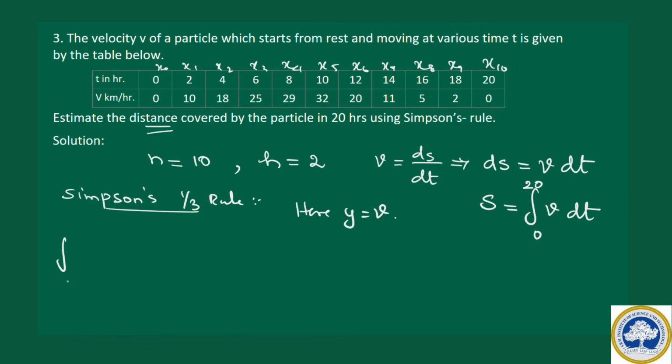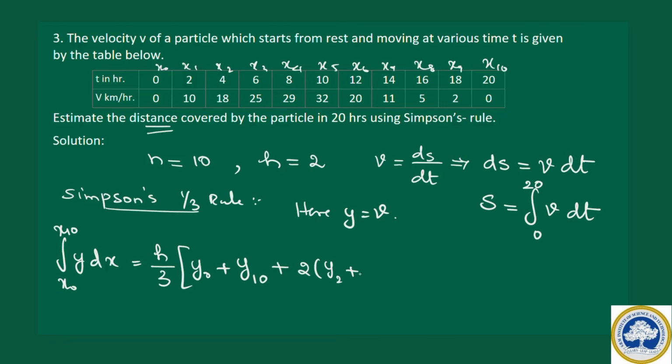The formula for the integral from x0 to x10 of y dx, since we are writing the formula for Simpson's 1/3 rule, is h by 3 into y0 plus y10, that is first term plus last term, plus 2 times the even terms, that is y2 plus y4 plus y6 plus y8. y10 won't come again because it is already considered.